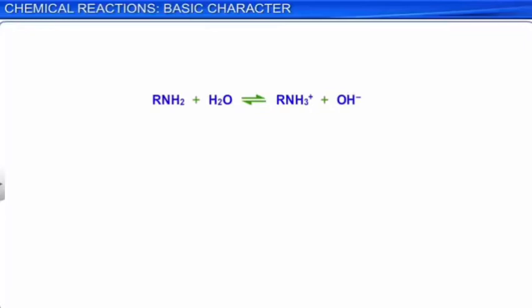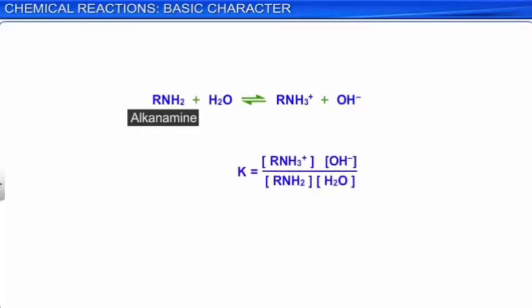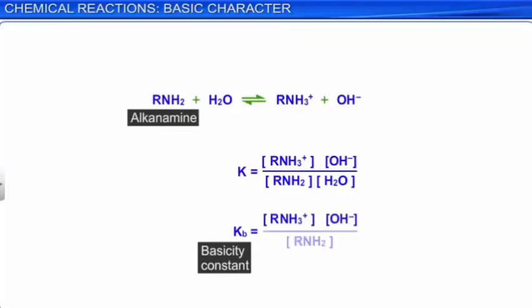For example, an alkanamine combines with water to produce hydroxyl ions as shown in the equation here. By applying the law of mass action to the equation, the base dissociation constant or basicity constant Kb is equal to the product of molar concentrations of RNH3+ and OH- divided by RNH2.